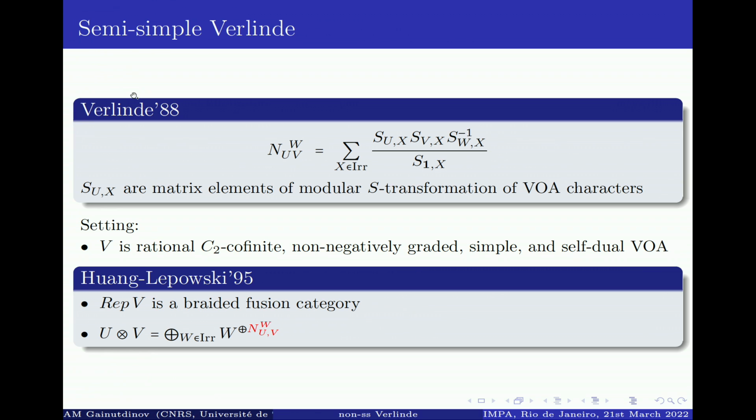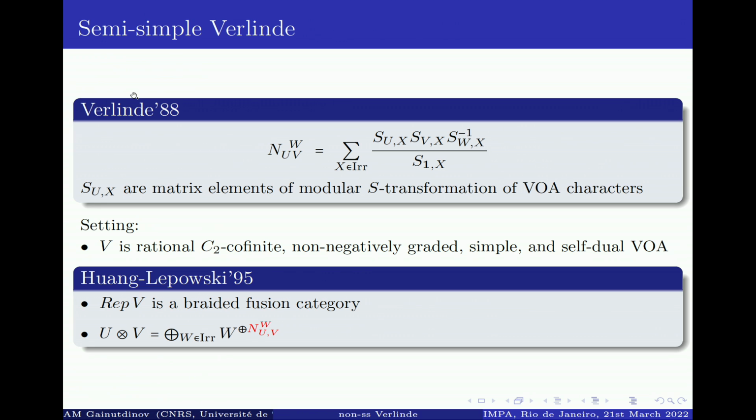And in the general setting interesting for us, V will be a rational C2-cofinite VOA, non-negatively graded, simple, self-dual. And Huang and Lepowsky, back in the 1990s, proved that Rep V, of a certain class of representations, also non-negatively graded, is a braided fusion category. So first of all, it's semi-simple, and there is a braiding, and it's a monoidal category.